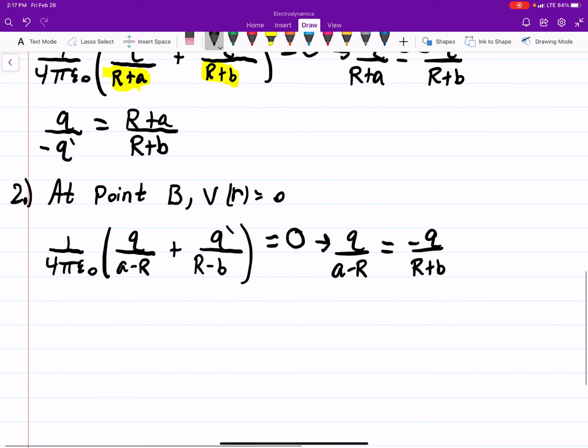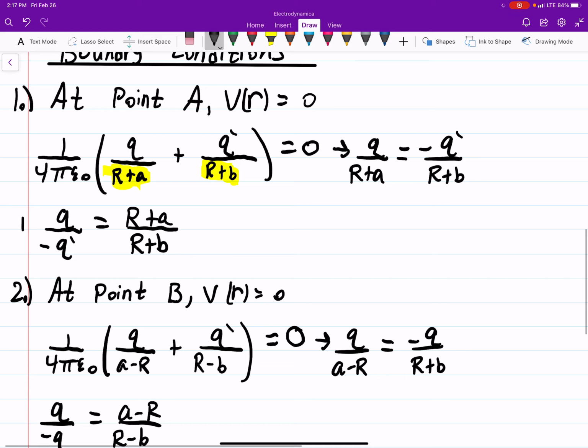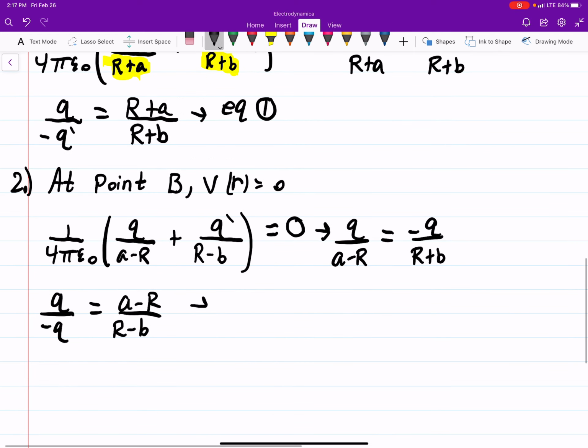And from that, I can set up the exact same thing I had before. If I divide over by negative Q prime and multiply over by A minus R, I get A minus R over R minus B. Okay? So I'm going to call this equation 1. Oh, that might be confusing. This is equation 1. And this, we'll call this equation 2.